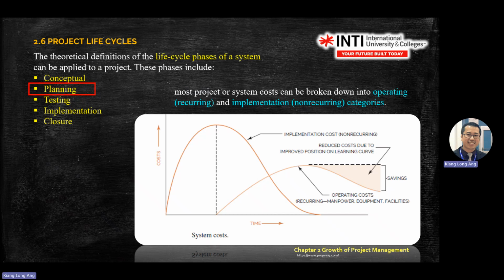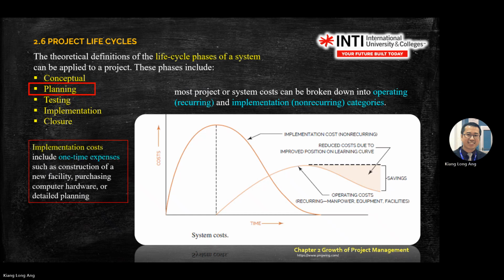It means you have better facilities and better experts, and this will give you some savings over here. This one you can read. Implementation cost is a one-time expense, hardware and all these things. Operating cost is more on HR and operators. You hire some people and so on.